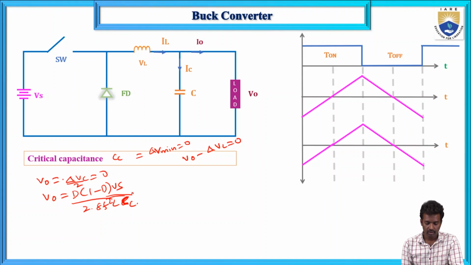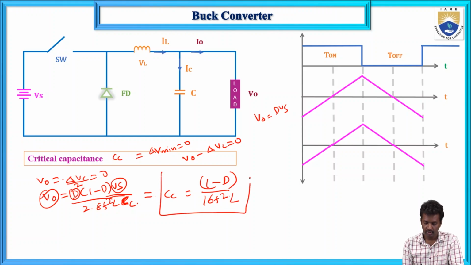So V naught equals D into Vs, it will get cancelled. And next, CC equals 1 minus D divided by 16 F square into L.